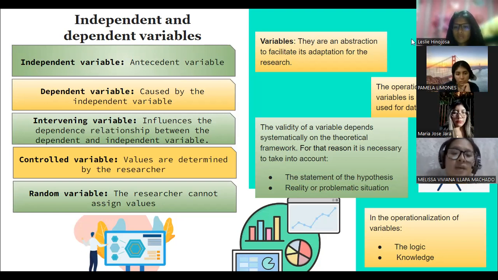In summary, in qualitative linguistic research, these concepts help to structure and understand how different elements of language and communication may relate to each other under certain conditions or contexts.